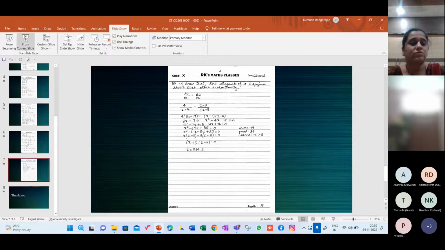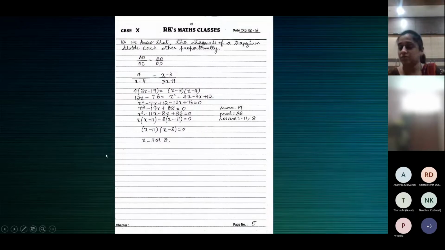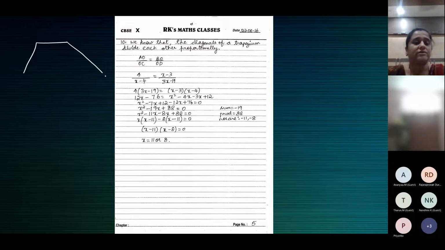Okay, I didn't ask you one more question. Now, how will you show, using BPT, that the diagonals of a trapezium divide each other proportionally?